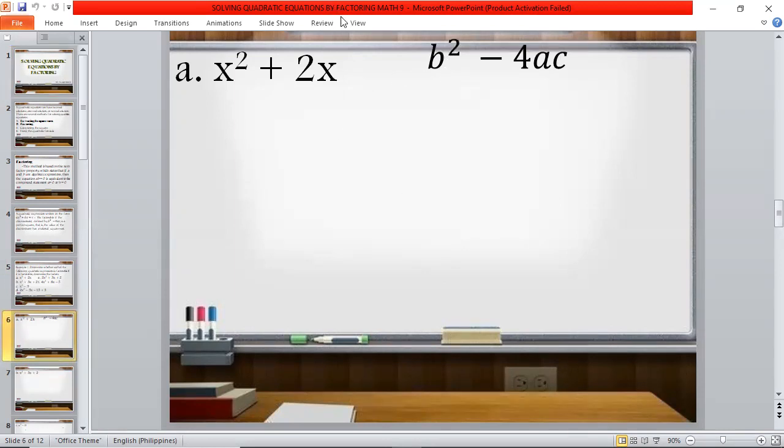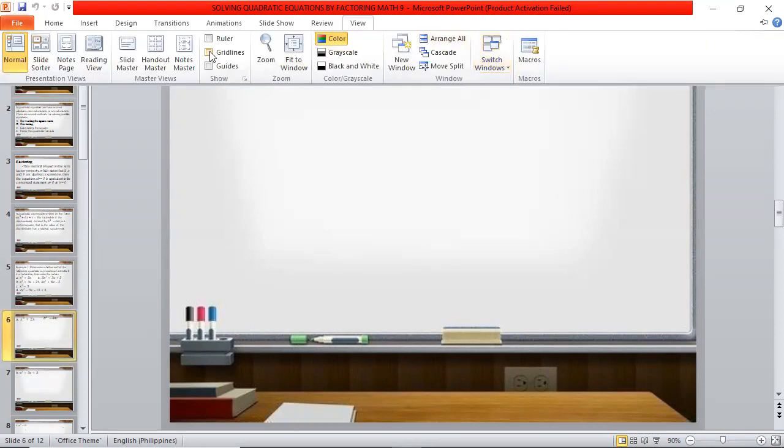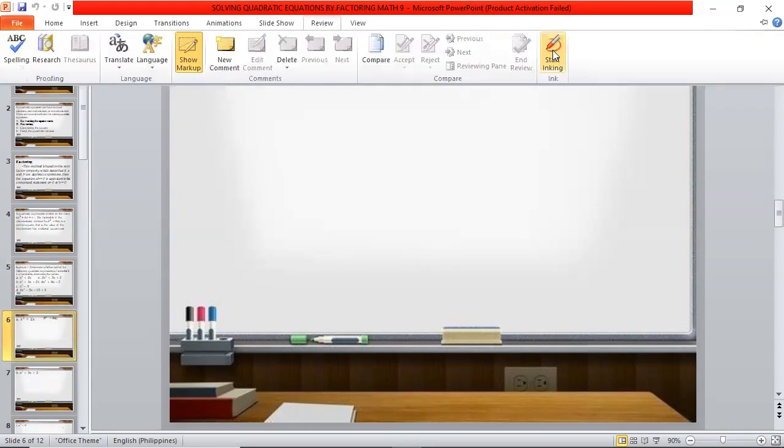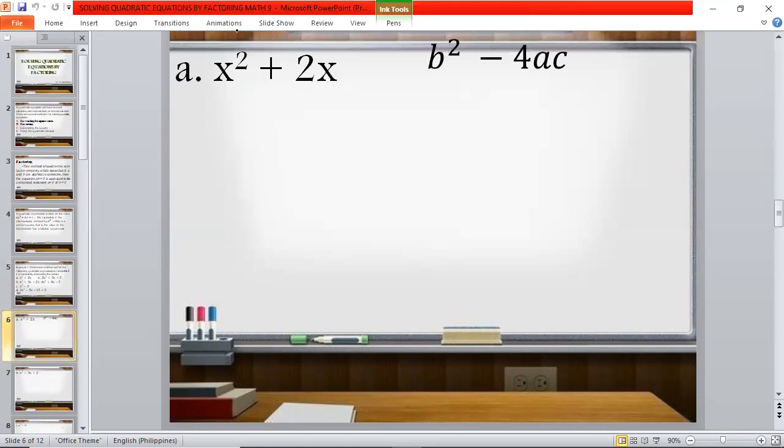Now let's write down all the values of A, B, and C. Here we have A, B, and C. What is the value of A? What is the value of B? As we all know, class, this one is ax squared.